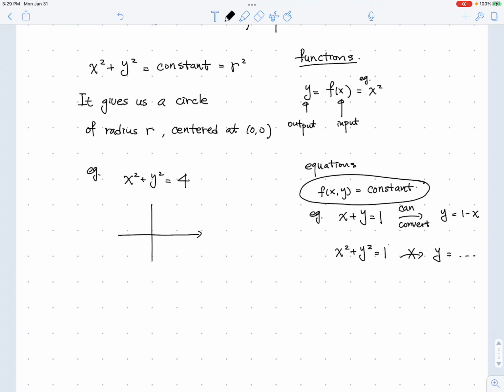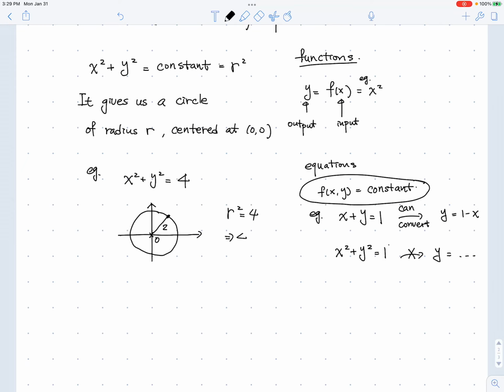So for example, if I have x squared plus y squared equals 4, then I know that all the points are on the circle centered at the origin of radius 2, because 4 is r squared, right?